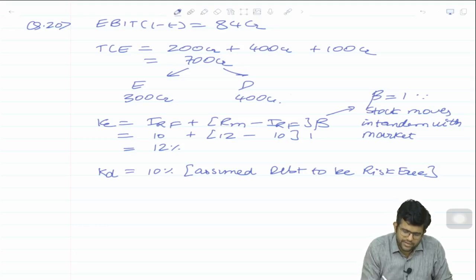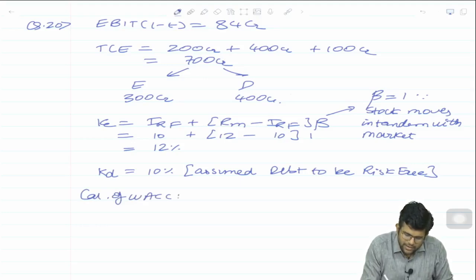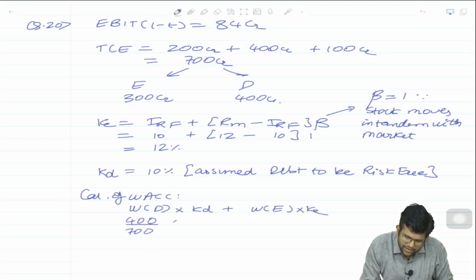So this is done. Now we do the calculation of WACC. WACC will be weight of debt into KD plus weight of equity into KE. Weight of debt will be 400 divided by 700, KD is 10. Weight of equity will be 300 divided by 700 and KE is 12.